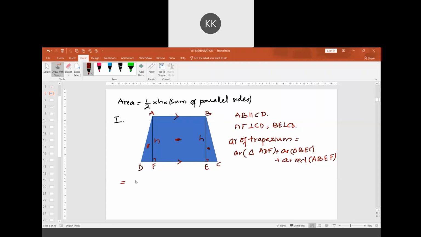Here the base is DF, height is H. Same way, area of triangle BEC is half into base EC multiplied by height H, plus area of this rectangle is AB into H. FE into AF, I can write like this, base into height.